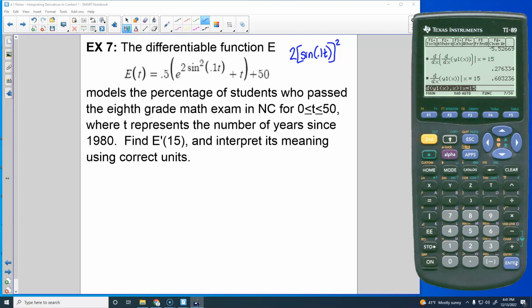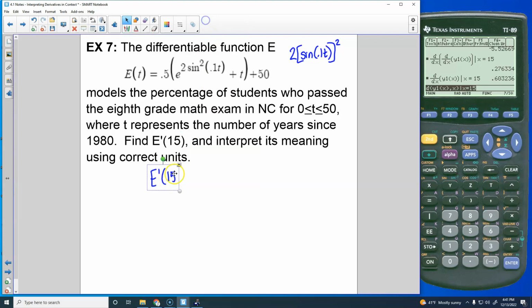And I get 0.603 here. So I'm going to say e prime of 15 is approximately, actually no, we don't have to do approximately here, 0.603. I guess it's okay to do approximately because we did round a little bit here, but equal sign will be fine in this particular case.